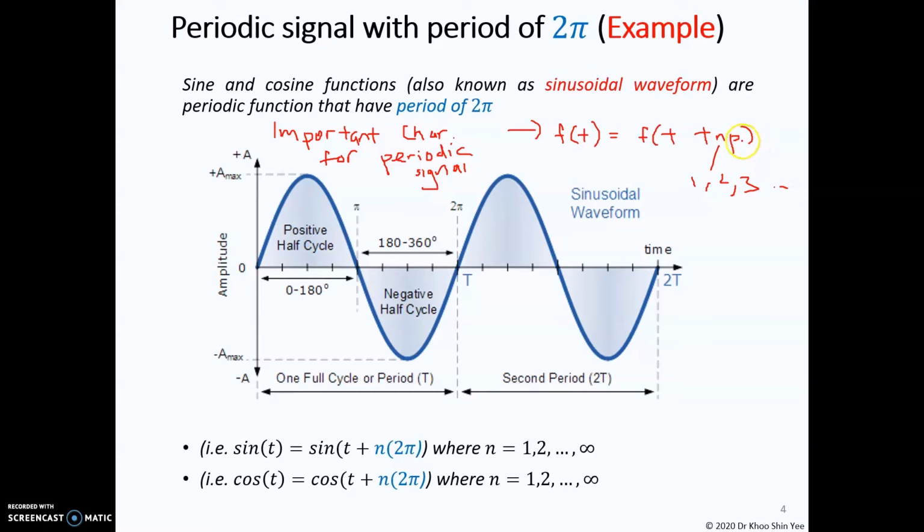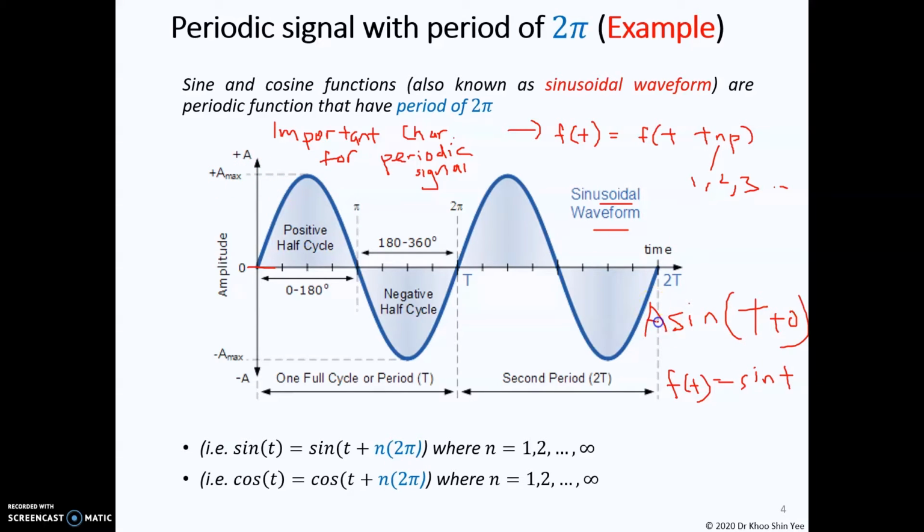P is the period. So for this wave, we have a sinusoidal waveform and it starts from 0. Therefore you obtain sine of t plus 0 phase. So your function f(t) is equal to sine t, and the amplitude is given as A here.